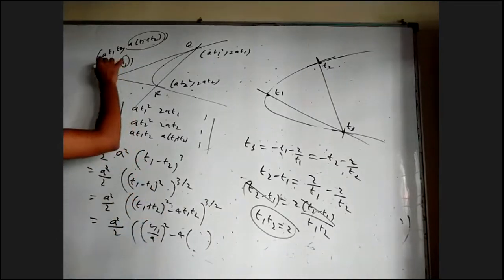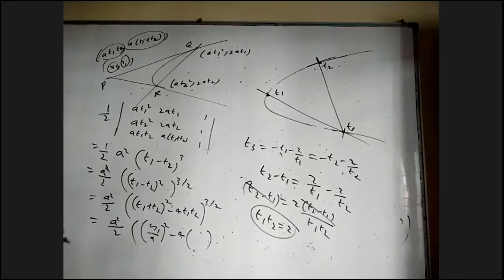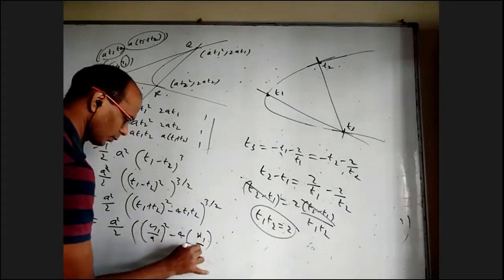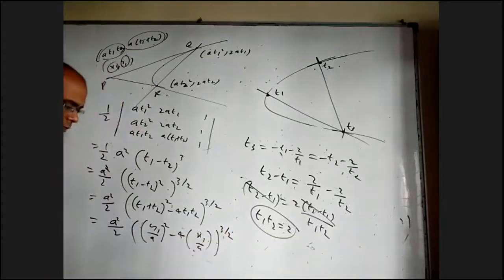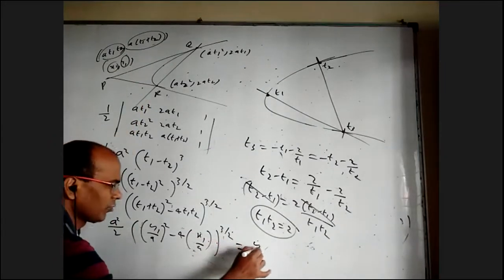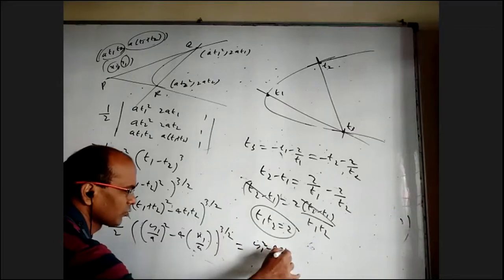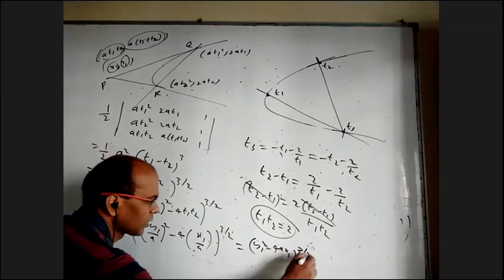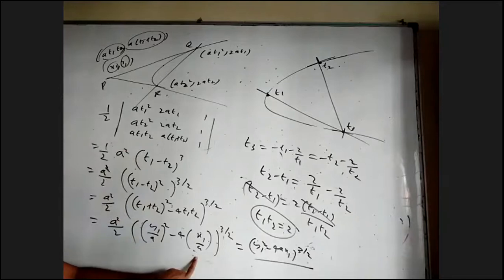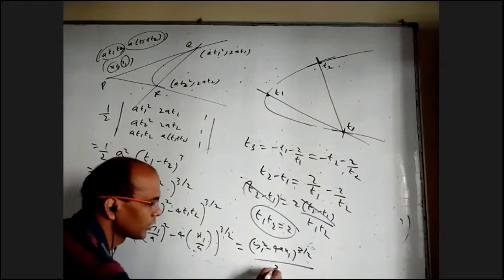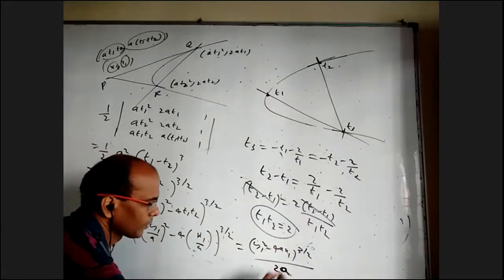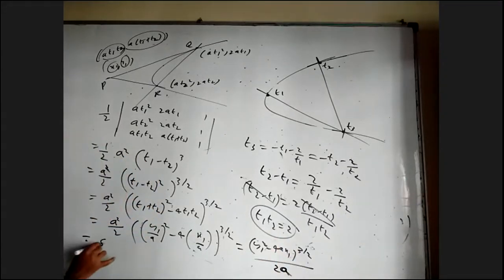When I equate a T1 T2 to x1, I can write T1 T2 as x1 by a. So when you simplify, this will come as y1 square minus 4a x1 whole power 3 by 2. Down there is a square with a cube of 3 by 2, the a square cancels, and I'll get the area as y1 square minus 4a x1 whole power 3 by 2a, which is basically S11 whole power 3 by 2 by 2a.